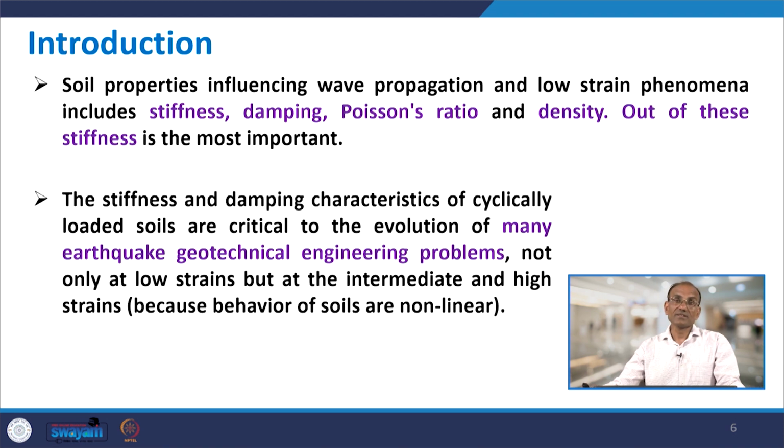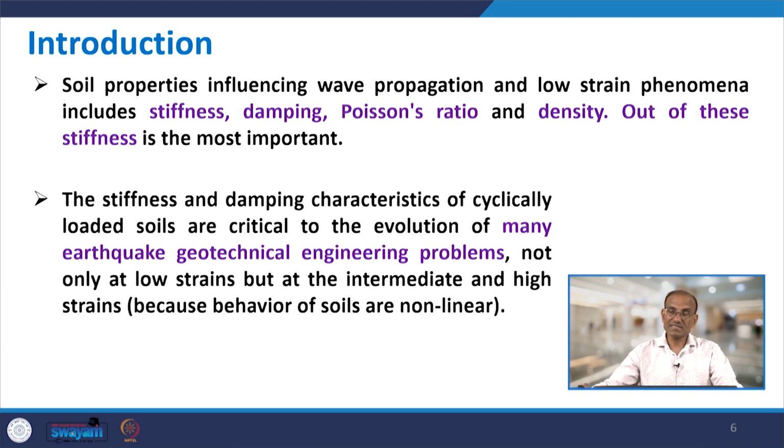So for the field test, let us have some general things first. First of all, soil properties which influence wave propagation and low strain phenomena. When we talk about low strain testing, what are the properties which are important? It includes stiffness, damping, Poisson's ratio and density.